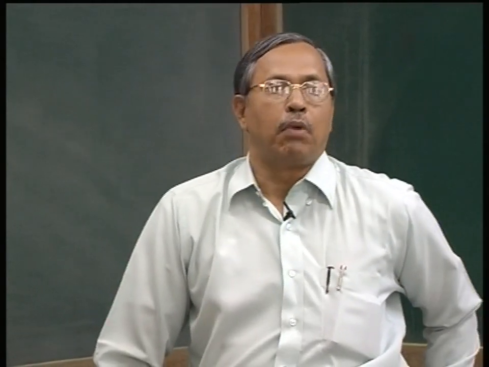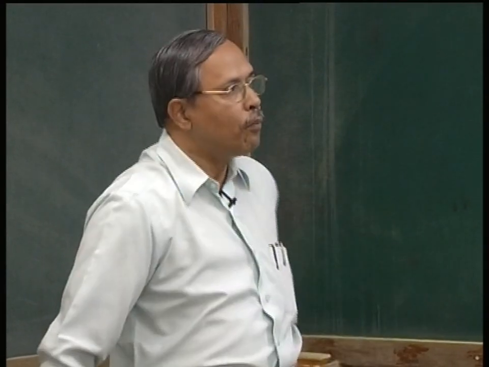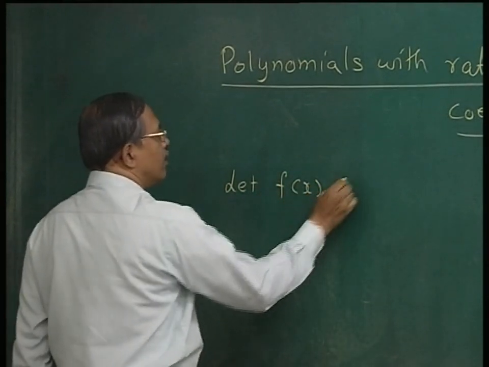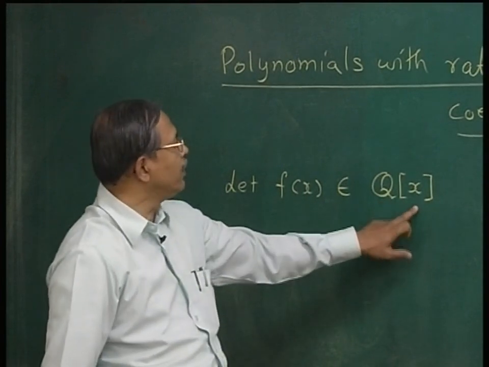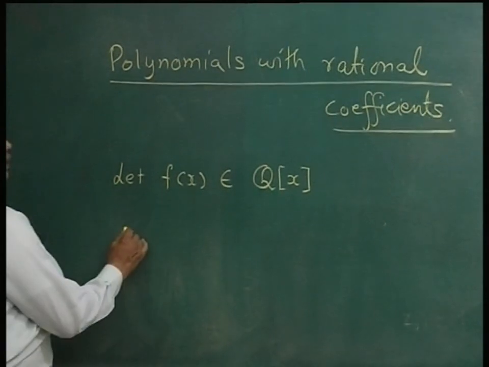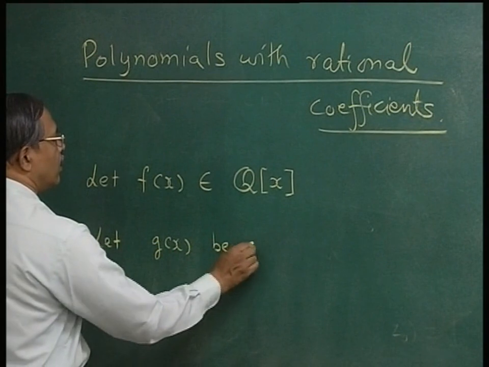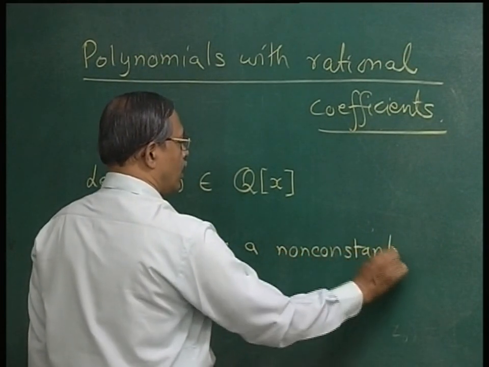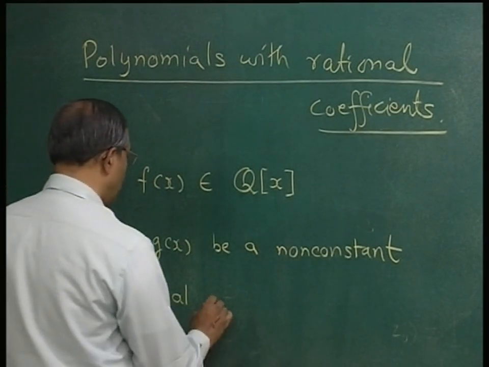Similarly, we have division algorithm for polynomials with rational coefficients, or more generally polynomials over any field. So let f(x) belong to Q[x]. This is the set of all polynomials in one variable x with coefficients from the field Q of rational numbers. Let g(x) be a non-constant polynomial in Q[x].